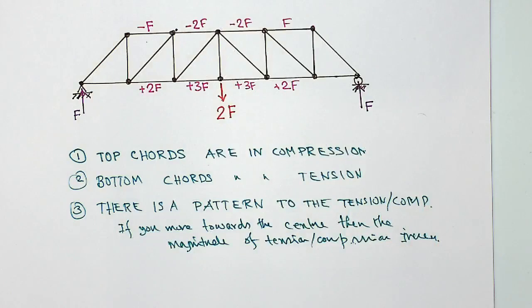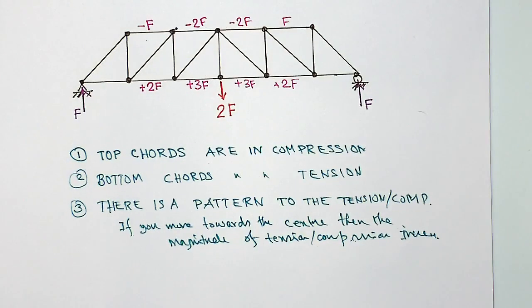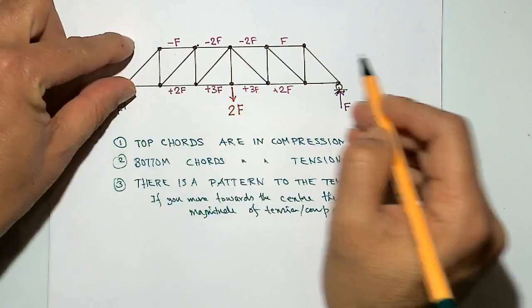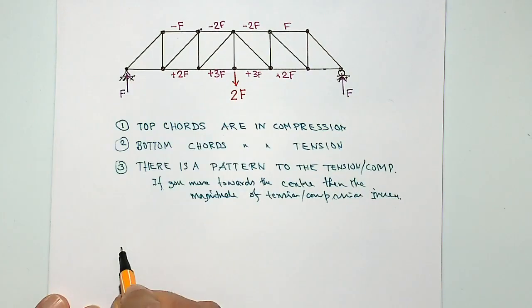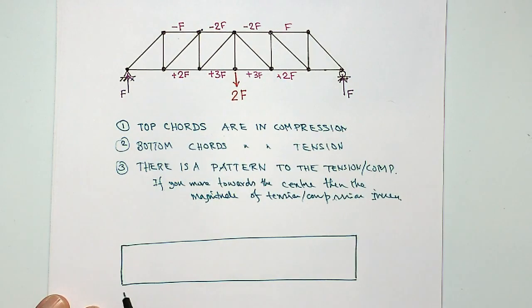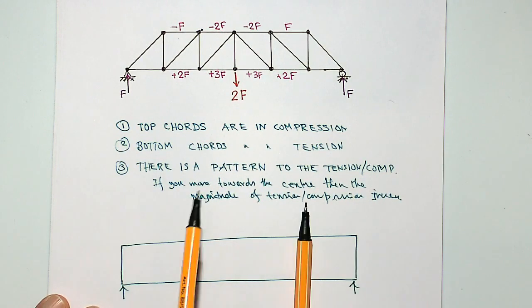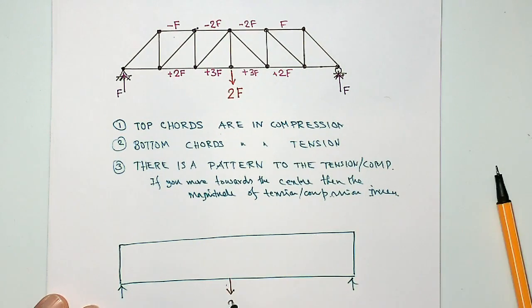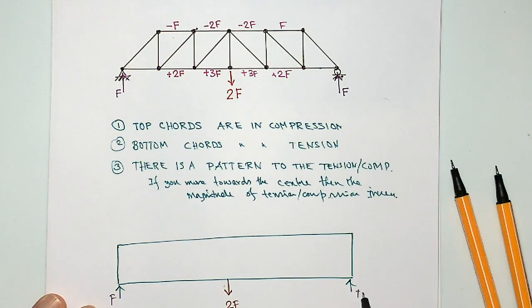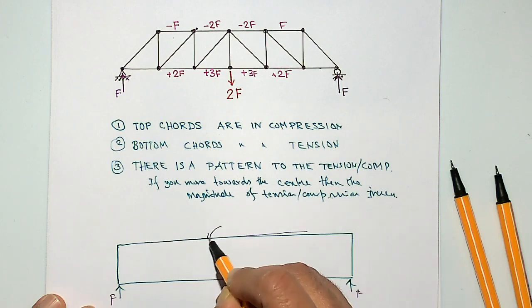And this is exactly what happens if you have a beam. Now imagine you have got a beam which is that big. So if I substitute that by a beam like this, and the beam is supported here and loaded by a load in the middle as twice F. Now of course the reaction force here would be F and F. Then the top chord will be under compression.